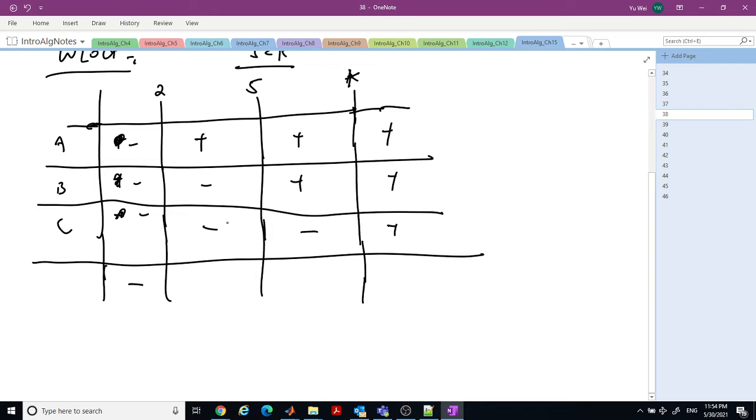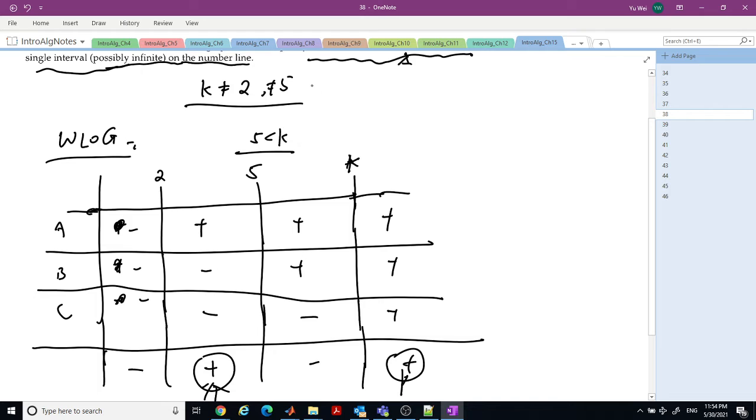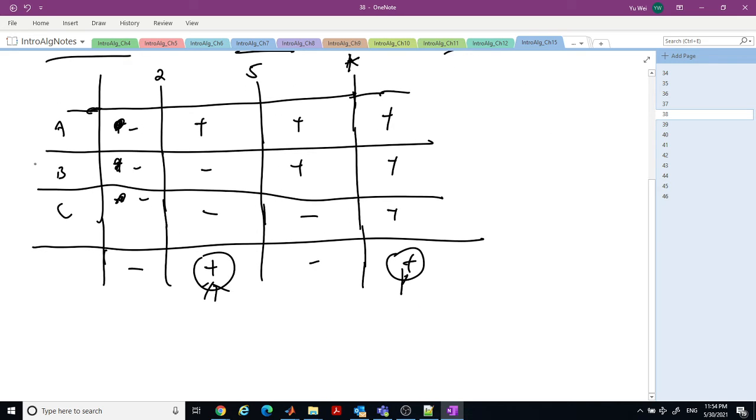Here is negative, doesn't count. Here is positive, counts. Here is negative, doesn't count. Here is positive, counts. So we have two different segments in the positive, so there's no way to do it. So k must be equal to 2 or k equals 5, otherwise it doesn't work.